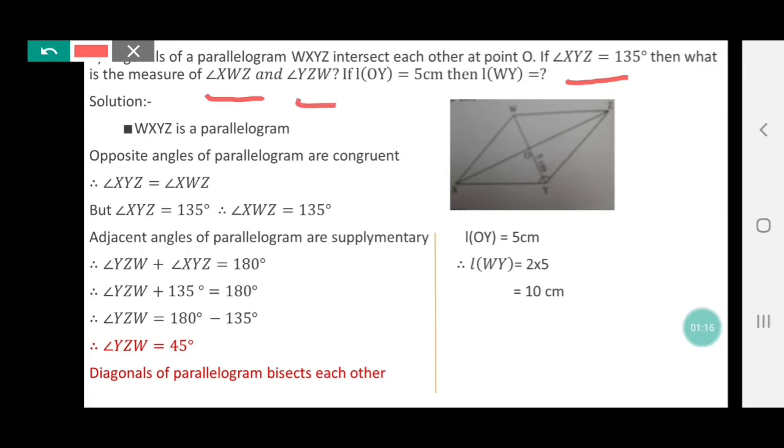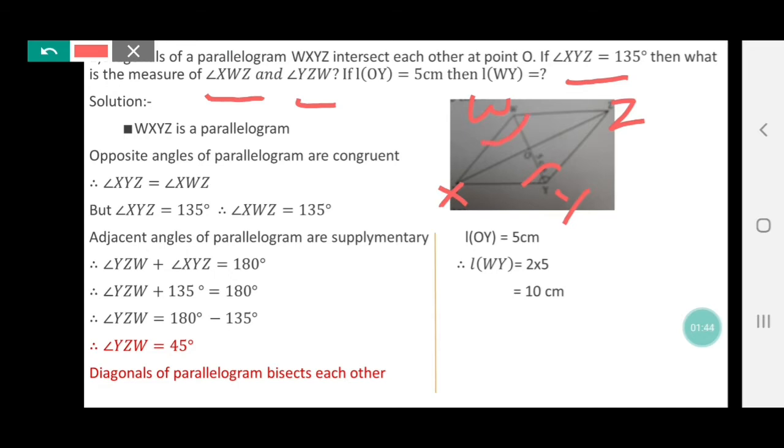Now for your information, let me clarify, as the figure is not clear. This is X, this is Y, this one is Z, and this one is W. Now which angle is given to us? Angle XYZ, this angle is given to us, and we are supposed to calculate XWZ.